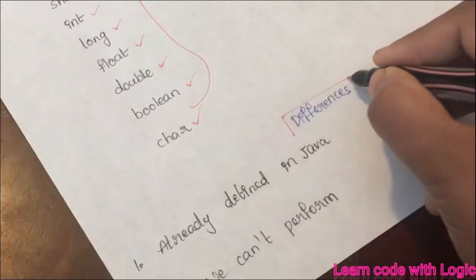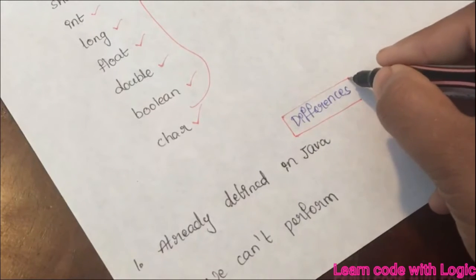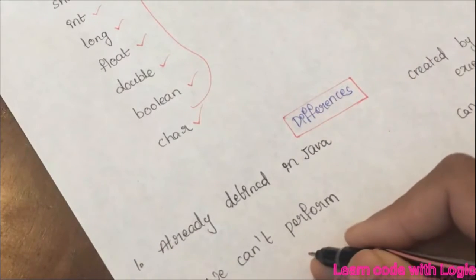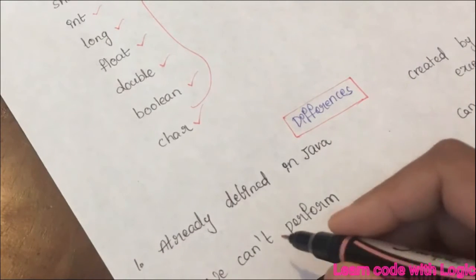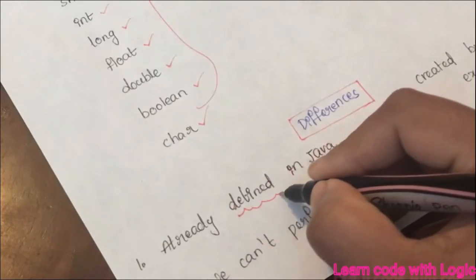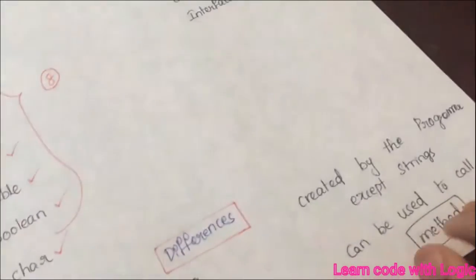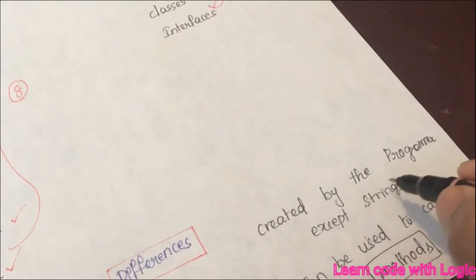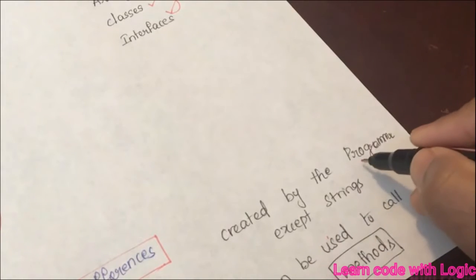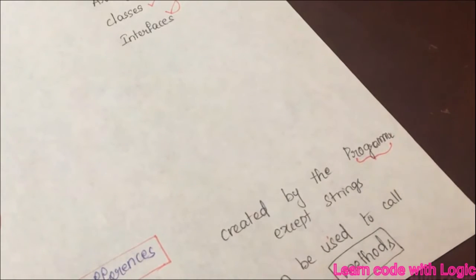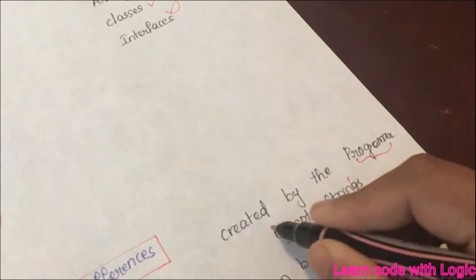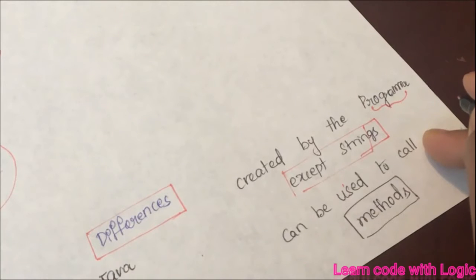Now let's look into the difference between primitive and non-primitive data types. Primitive data types are already defined in Java. Non-primitive data types are created by the programmers, except strings. Strings are already supported by Java, but except strings, a programmer needs to create them.